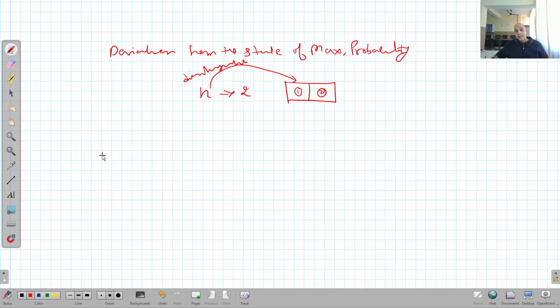We have derived the expression for the probability of a macro state (r, n minus r), that was n factorial divided by r factorial into n minus r factorial into 1 upon 2 raised to power n, right? So here we have derived the expression for the probability of this macro state.